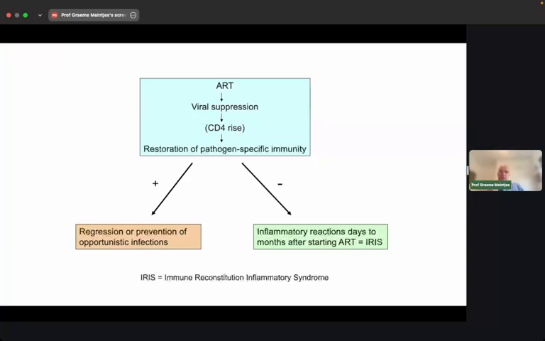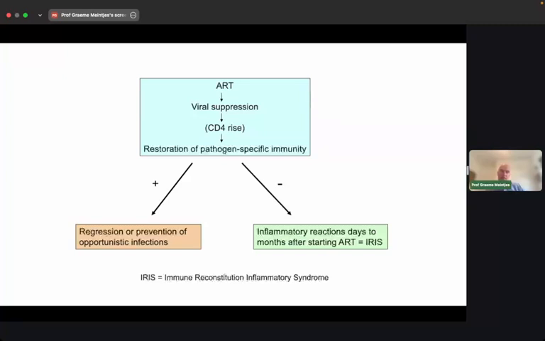I put CD4 count rise in brackets because sometimes we see IRIS even before the CD4 count has risen because of the other aspects of the immune system recovering or because there's been improvements in tissue immune function. Now, this restoration of pathogen-specific immunity is obviously what we're aiming for, because the positive spin-off of that is you get regression and prevention of opportunistic infections.